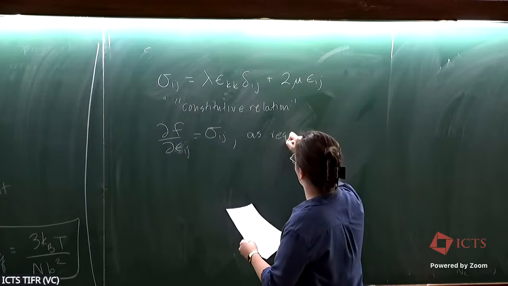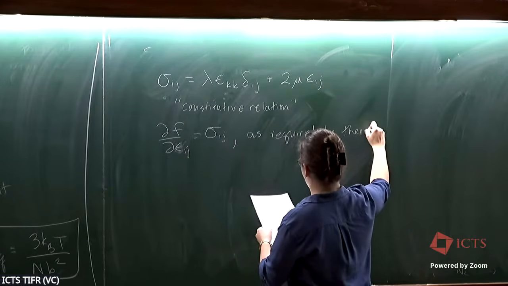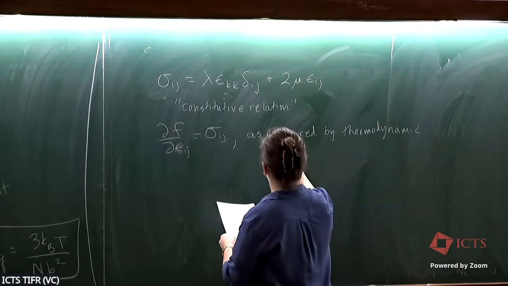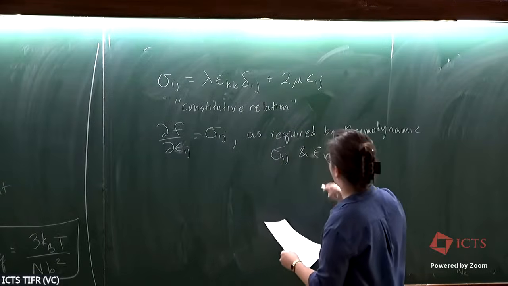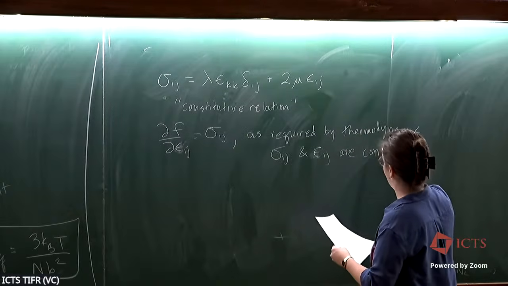I'll say as required by thermodynamics, which is another way to say that sigma ij and u ij, I'm using Landau-Lifshitz terminology, and epsilon ij are conjugate variables.